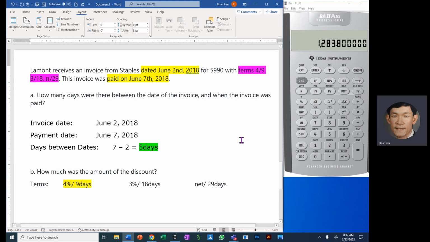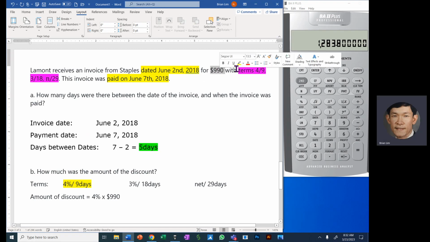Okay, so how much was the amount of the discount? That's what we are looking at, all right? Amount of discount would be equal to 4% of the invoice, which was $990 right up here.